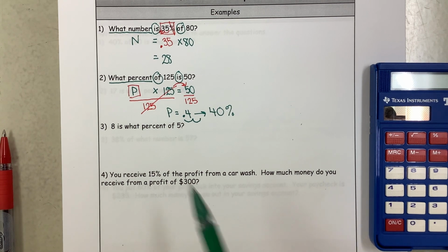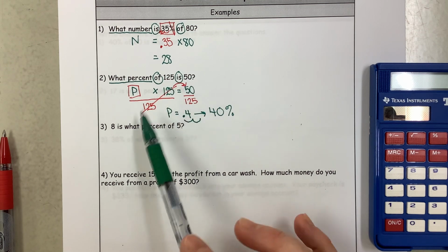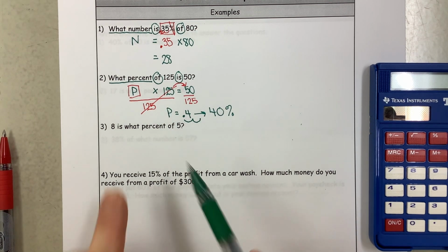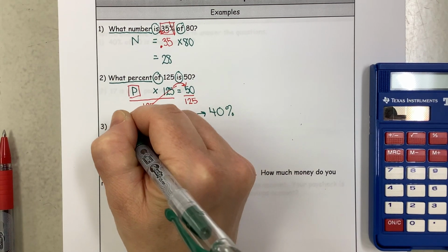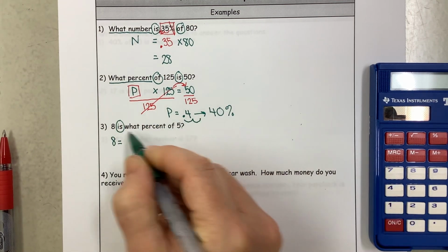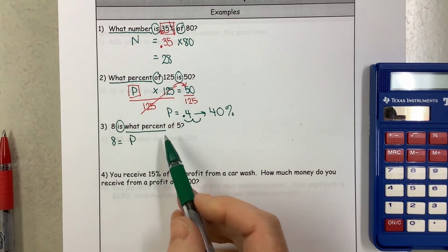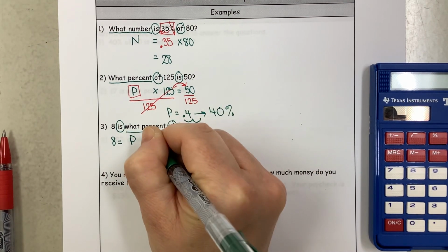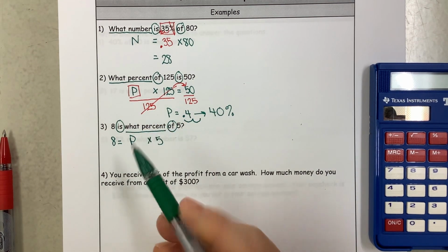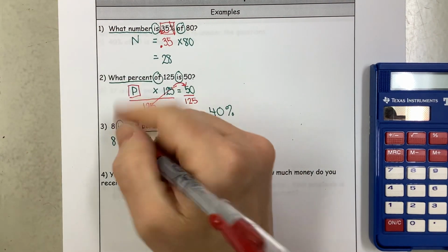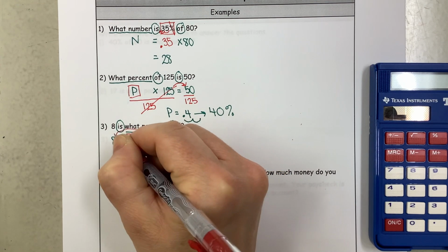Alrighty. So you can see we're able to form an equation from the words, and then we just have to solve. So in the next one, 8 is, that's our equal sign, what percent, so it's asking us the same thing, so I'm going to use P for percent, of as our multiplication, 5. Well, I want to solve for P, which means I need to get the 5 to the other side.